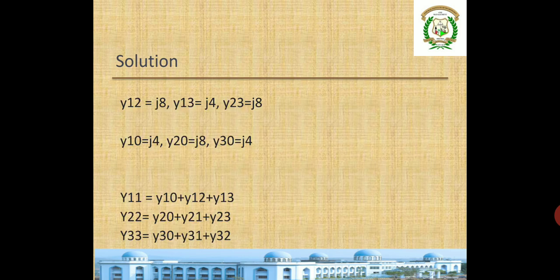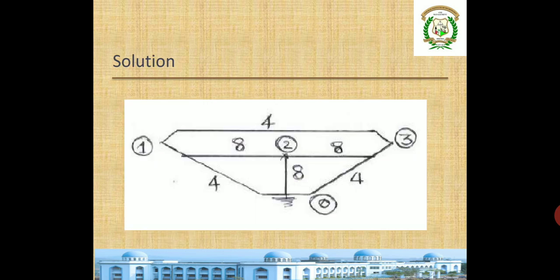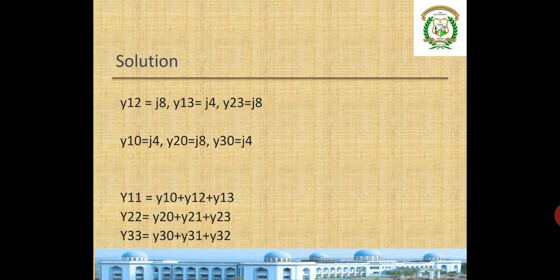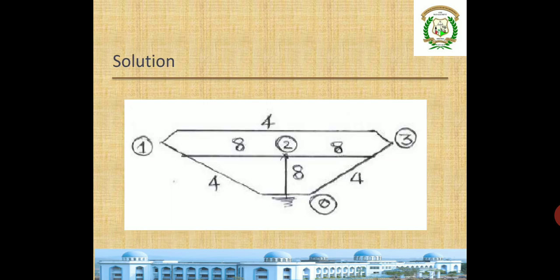So we know what is y11, the elements which are connected to node 1. See here, node 1, which are the elements connected? Y12 is connected, y13 is connected, y10 is connected. Same, y22 is what? Y21 is connected, y23 is connected, y20 is connected.